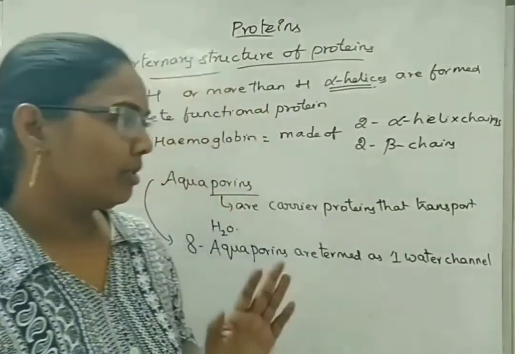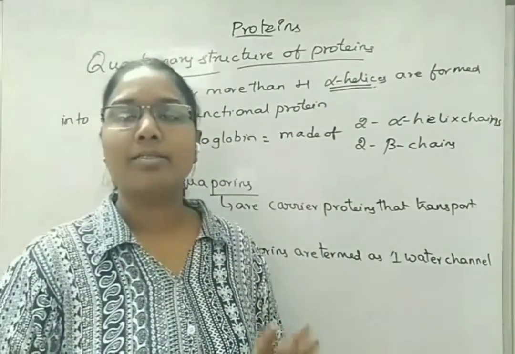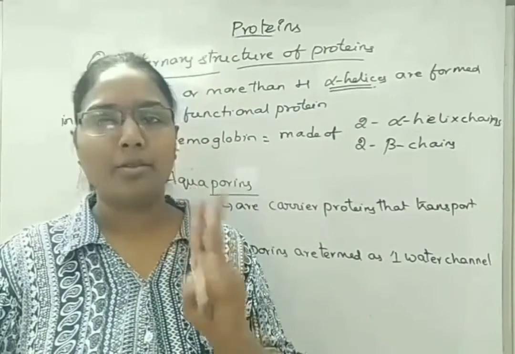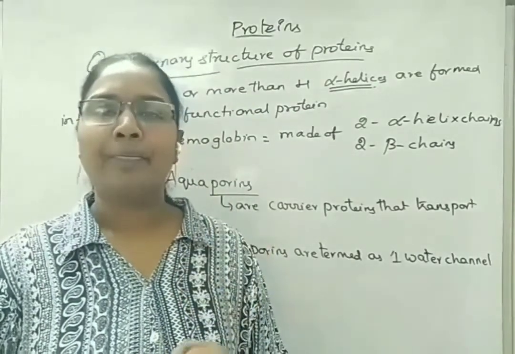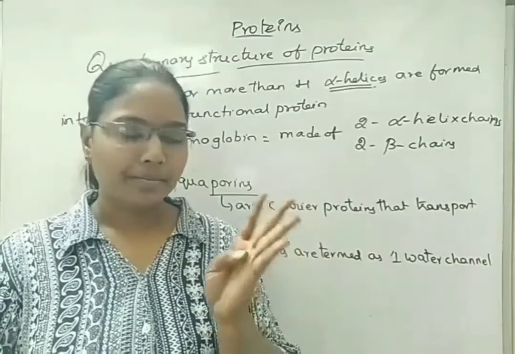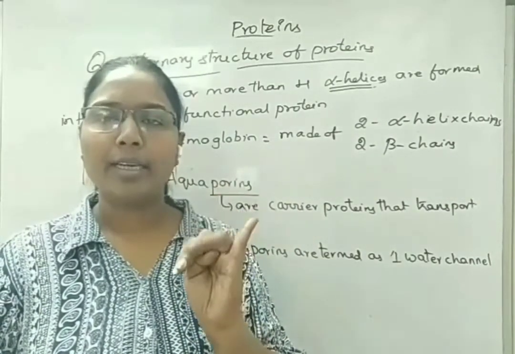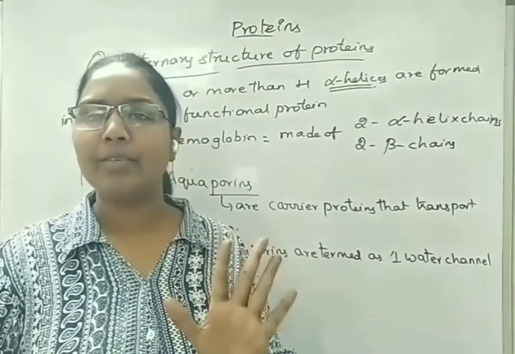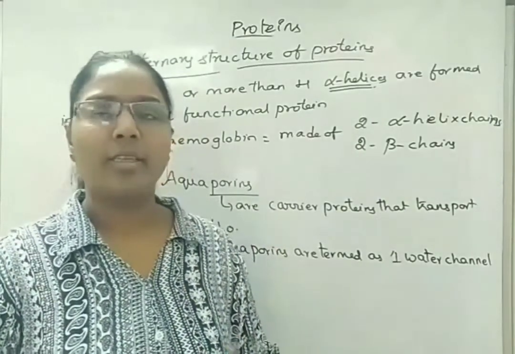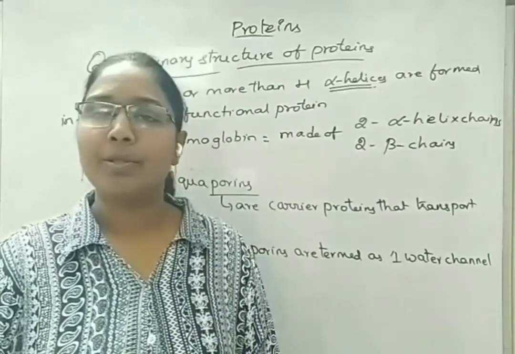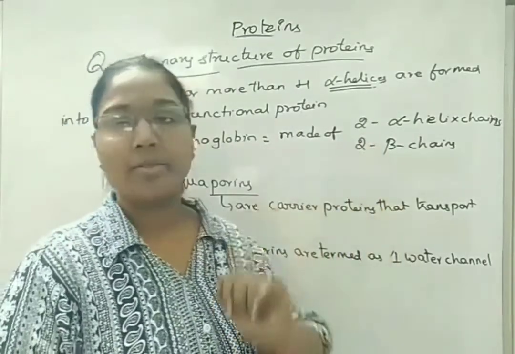Next, coming to the bonds. In primary structure, we see only peptide bonds. In secondary structure, we see 2 bonds, that is peptide and hydrogen. In tertiary structure, we see peptide bond, hydrogen bond, hydrophobic bond, disulfide bond, and ionic bond. 5 different types of bonds in tertiary structure. Enzymes are limited only up to the tertiary structure of the protein, which have active sites.